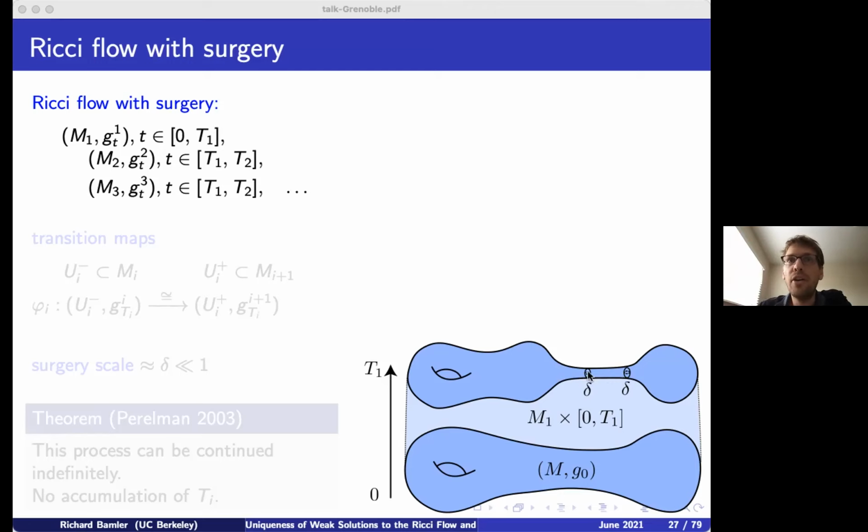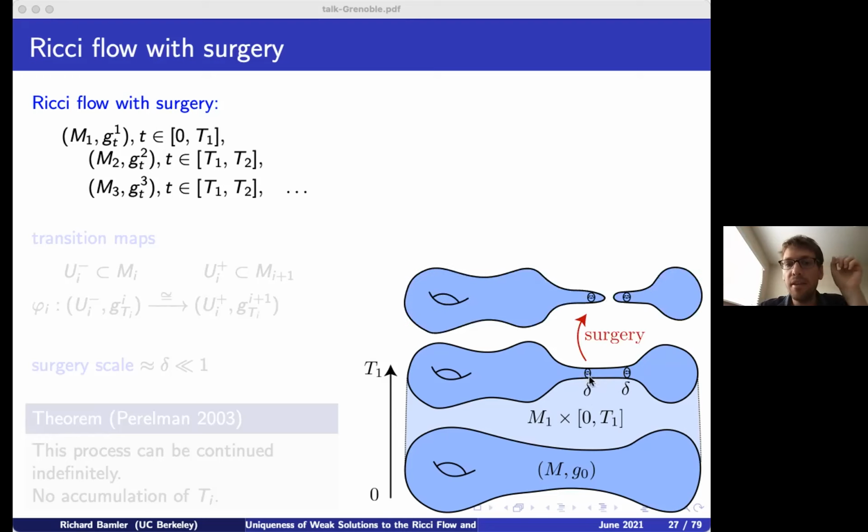And what I'm going to do now is locate very small cross-sectional two-spheres in this tube, and cut the manifold along these two-spheres. Let's say the cross-sectional two-spheres have radius or scale delta for some small delta. So I'm going to cut along these two-spheres, throw away the intermediate part, which is just cylindrical, and then glue in three-disks here of a certain nice geometry.